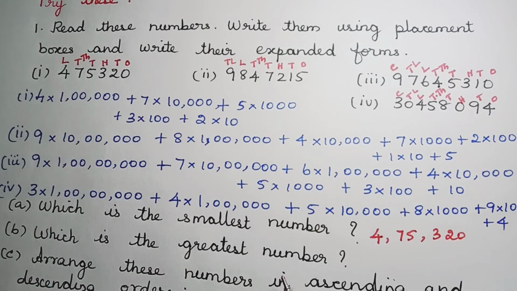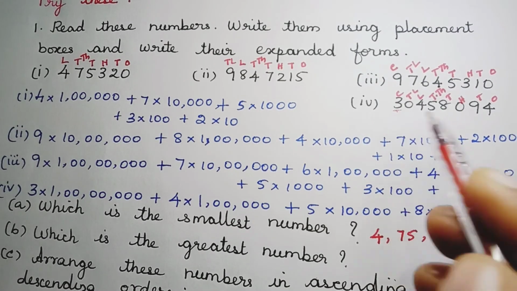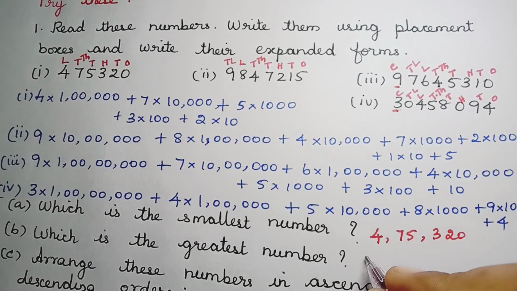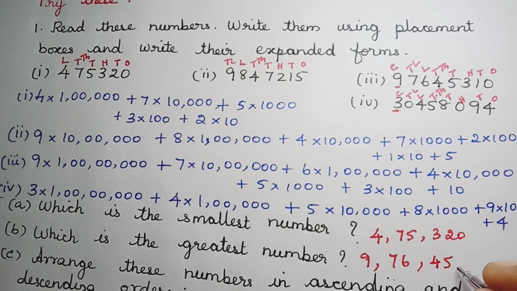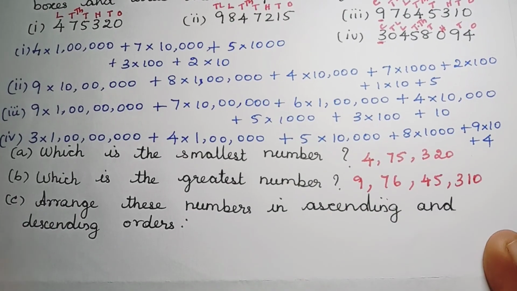Which is the greatest number? You have 2 crores. Which is the biggest crore here, 3 or 9? 9. So this is the biggest number: 9 crore 76 lakhs 45,310. The next one is to arrange these numbers in ascending and descending order.